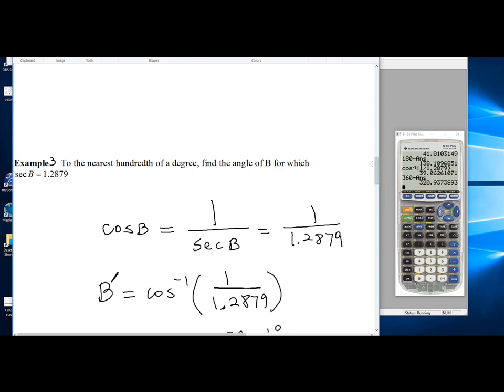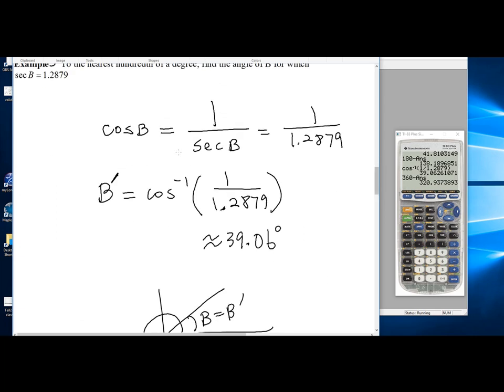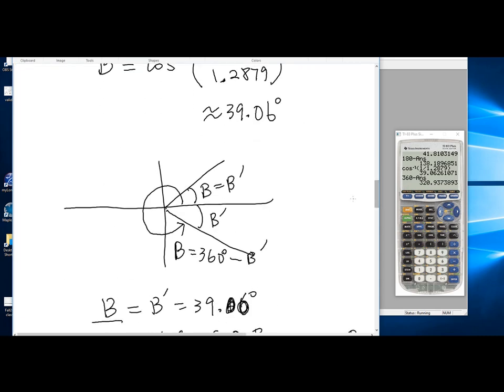So again, you find the cosine B first by the reciprocal identity, 1 over secant B, and then we substitute secant B by the given value 1.2879. If you do the cosine inverse, the second cosine option, it will find you the angle B. Here the reference angle is 39.06 degrees. B can be in quadrant 1. If it's quadrant 1, B and the reference angle are the same.